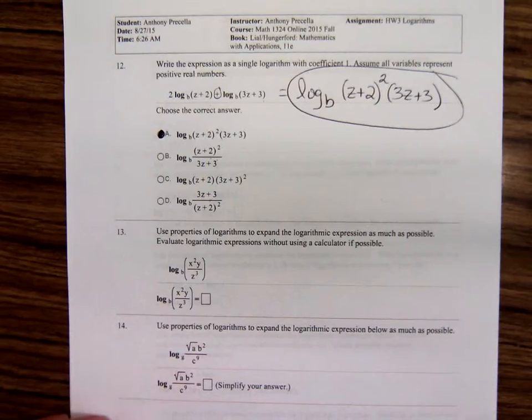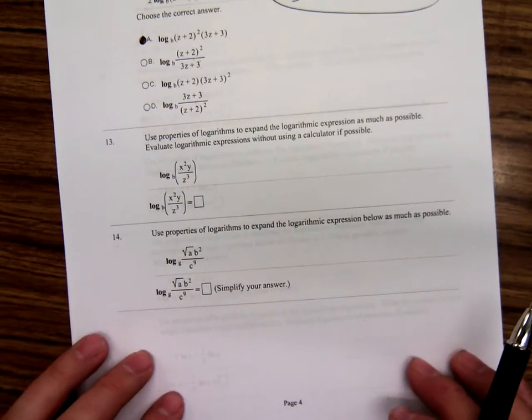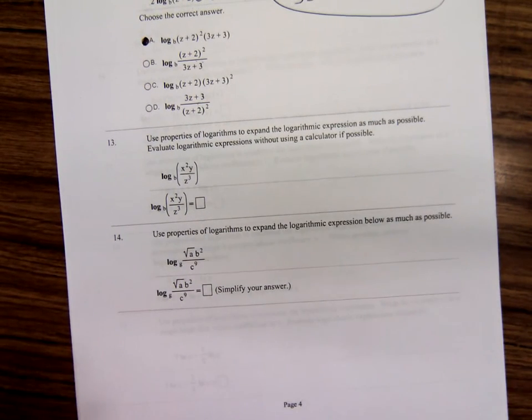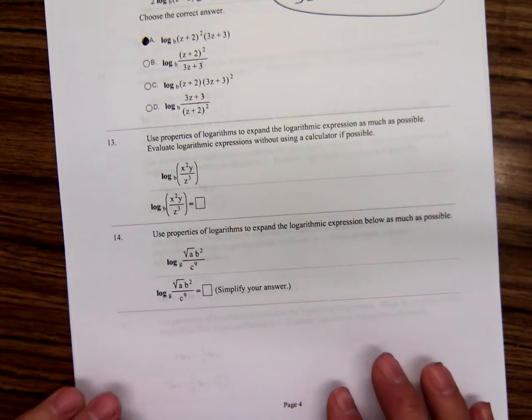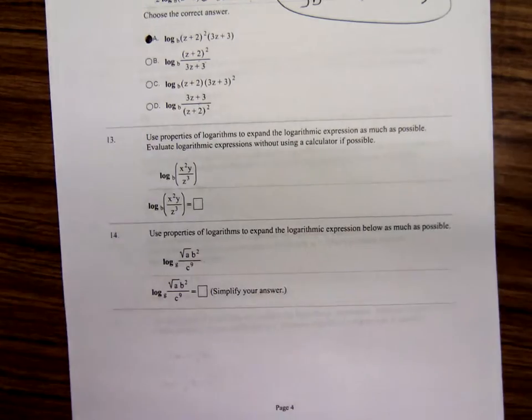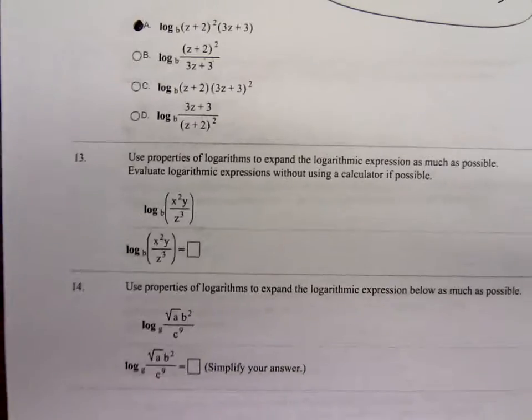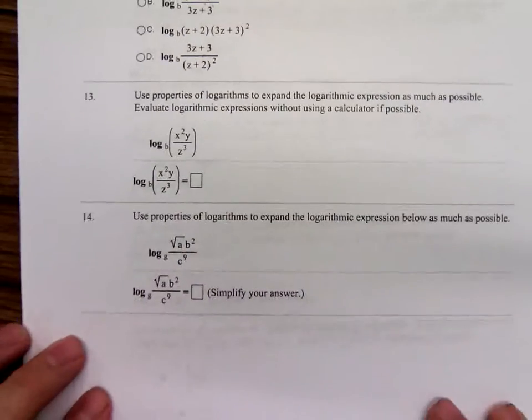Now look at number 13. It's no longer multiple choice. Big enough? Do I need to zoom in a little more? Let's see. I'll zoom in.